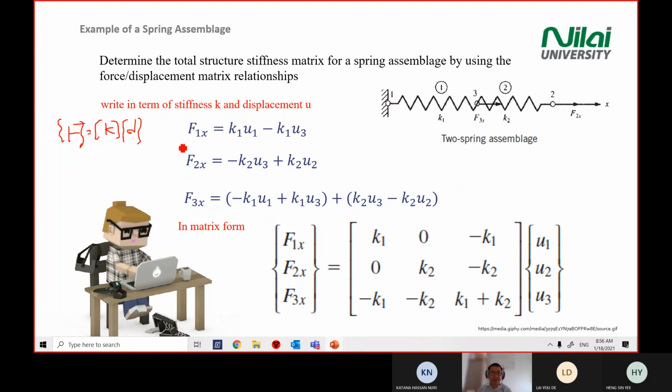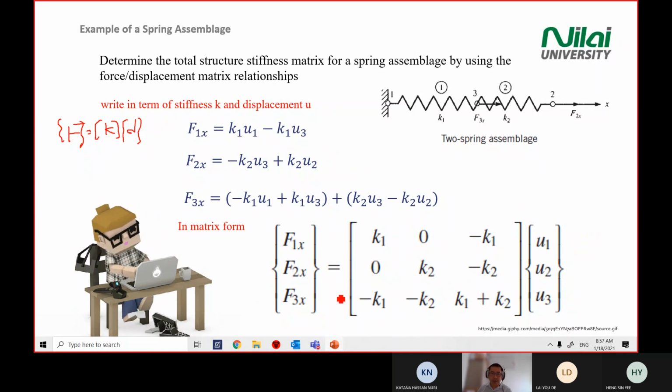You only have 3 displacements here, U1, U2, and U3, so you write U1, U2, U3 on the displacement column.